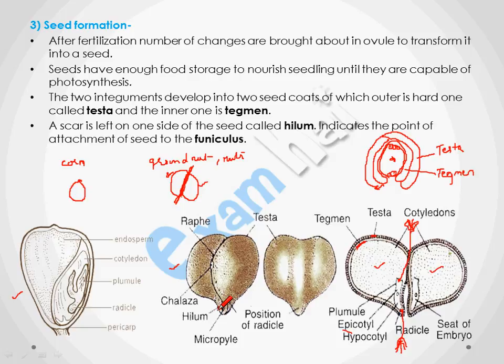In the monocot also, this part is the endosperm, which will provide nourishment to the developing embryo. This is the plumule, which will give rise to the shoot, and this is the radicle, which will give rise to the root system. So it has only one cotyledon, so this is a monocot, and it has two cotyledons, so it is a dicot. This is how seed formation takes place.